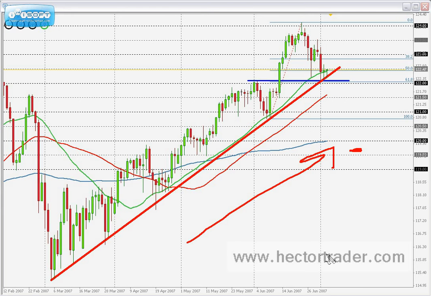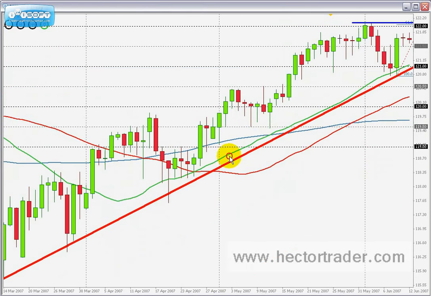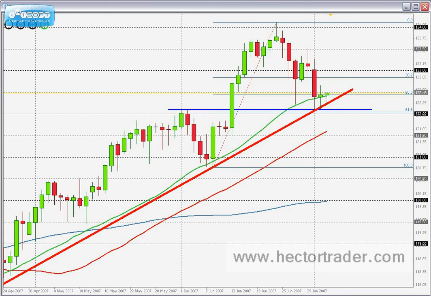Let's assume we are in an uptrending scenario such as this one, and price is around here. The moving averages and the support area you want to buy from are down here. So you tell your broker, place a buy limit order right above this area. Let me zoom in a little bit for a clearer view. There we are.